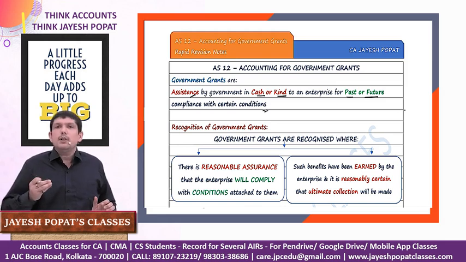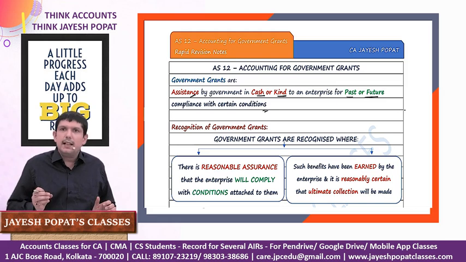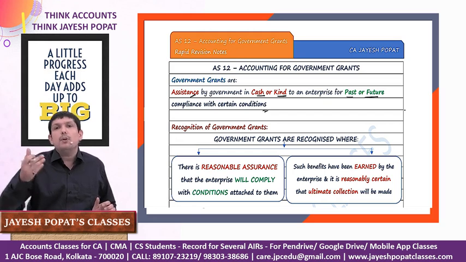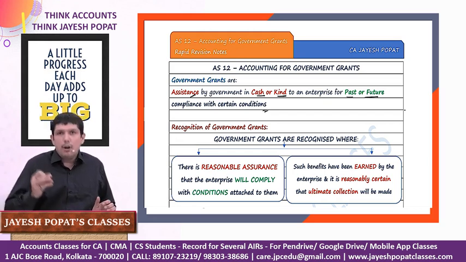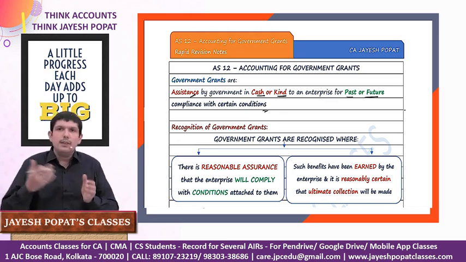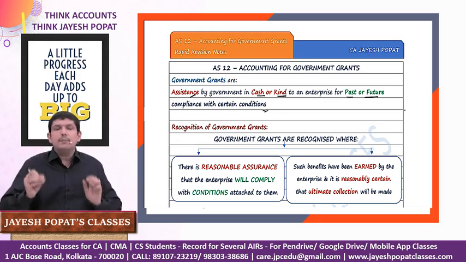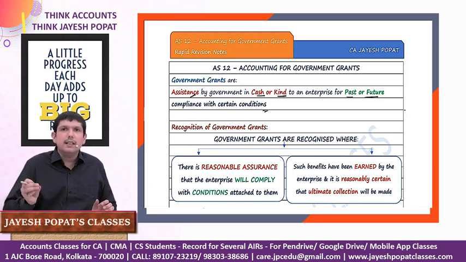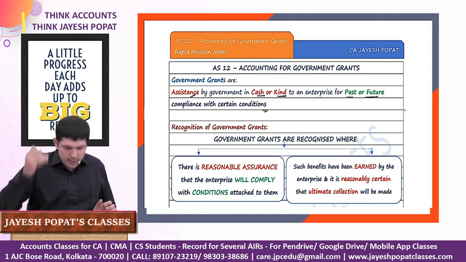The government will come out with an incentive scheme that whosoever sets up their factory or undertaking in that particular area may get certain money as an incentive for setting up their factory, or may get certain tax concessions, or maybe their employee cost will be reimbursed. That can take various forms, but it is a help or assistance given by the government to a business for complying with certain terms and conditions.